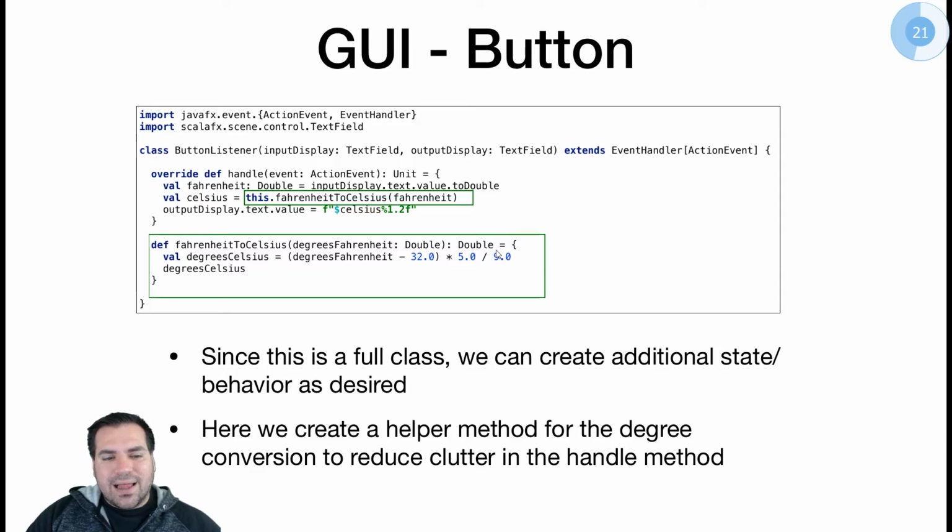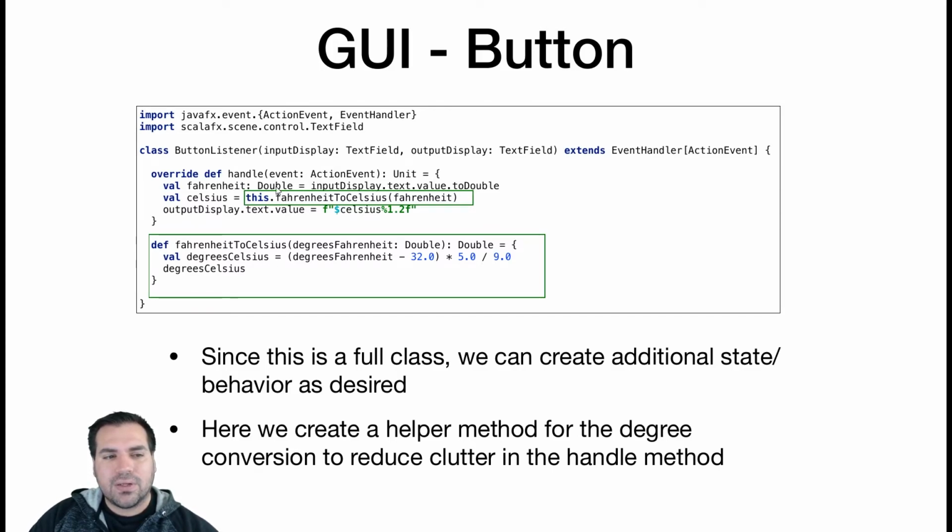And since this is a class, we're creating a whole new class. We have to implement handle because that's an abstract method from the event handler class. But we can do anything else we want with classes. We already created a constructor to add a little more functionality here, but we can also create helper methods. I have this helper method here just to reduce clutter from the handle method.